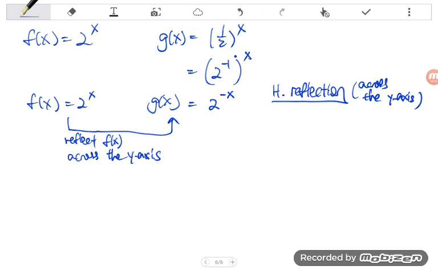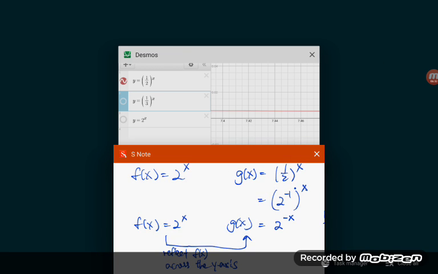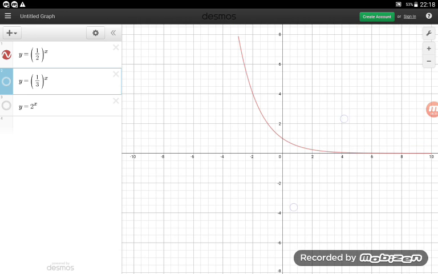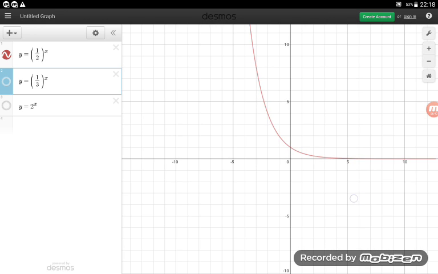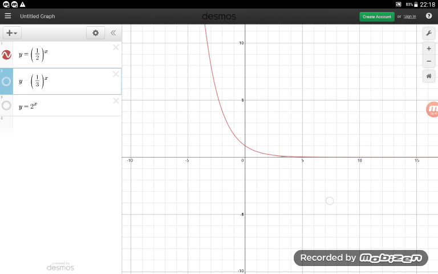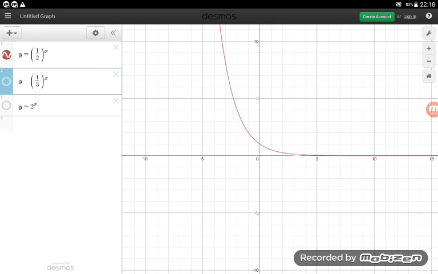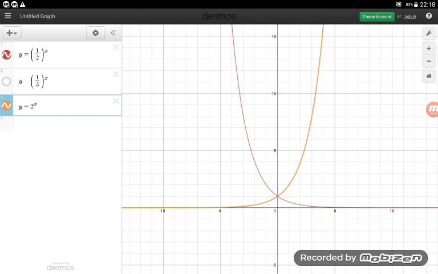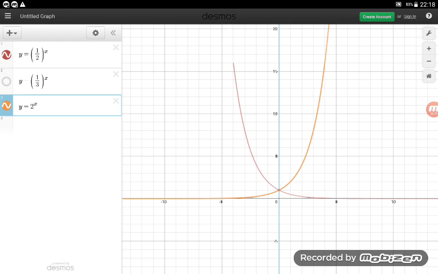Now let's go back to Desmos and verify if that's true. So this is how y is equal to half to the power of x looks like. And I'm going to activate y is equal to 2 to the power of x, and you can see that they are perfectly symmetrical along the y-axis.